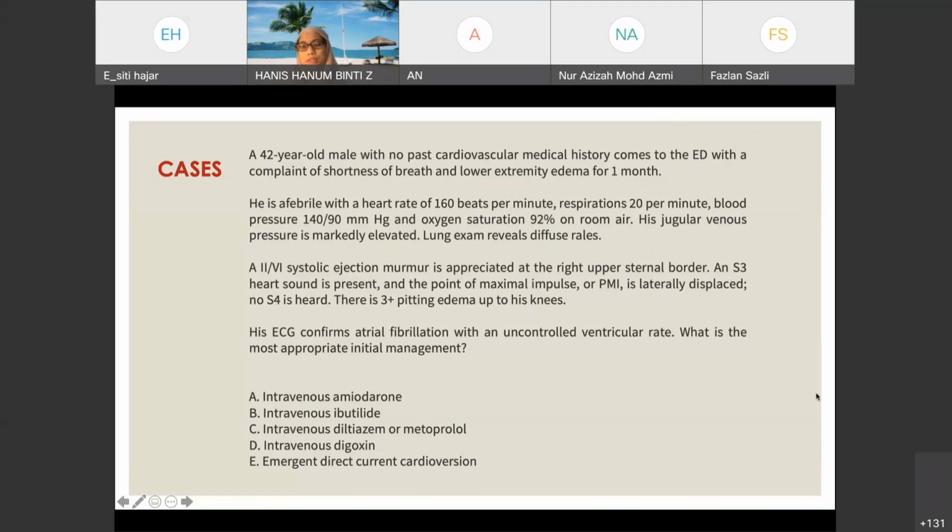Some would say IV amiodarone. Some would say digoxin. Most of you said non-DHP CCB or beta blockers.